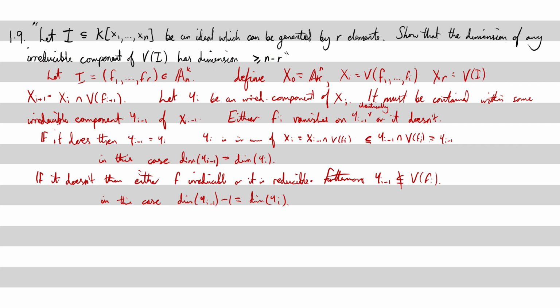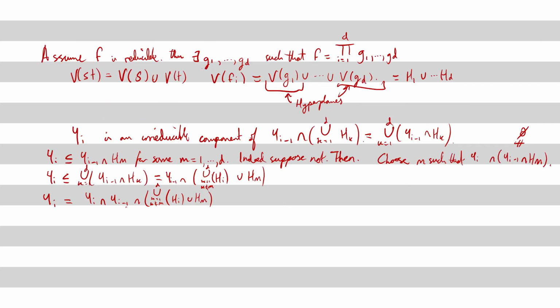It's an irreducible component contained within this, so this is just equal to Y_i equals Y_i intersect the union k equals 1 to d, k not m, of H_k, union H_m, which is equal to, drumroll please, the union k equals 1 to d, k not m, of Y_i intersect H_k, union Y_i intersect H_m.